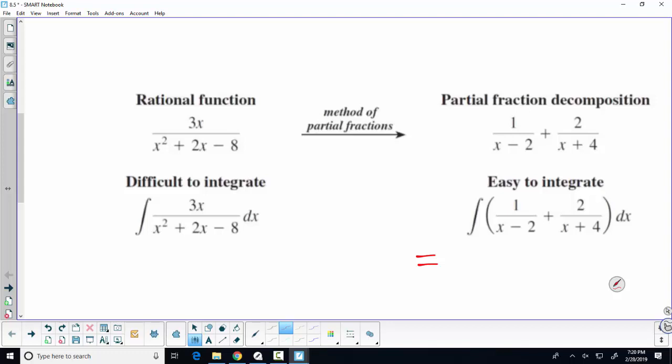Rewrite those, x minus 2 to the negative 1, and then x plus 4 to the negative 1. Yeah, and then log, with the 2. Yes.